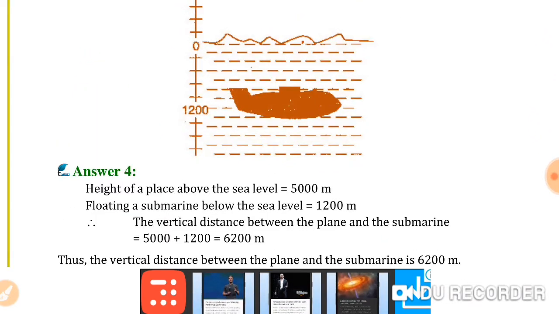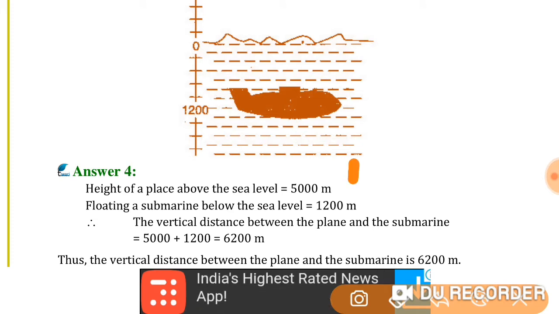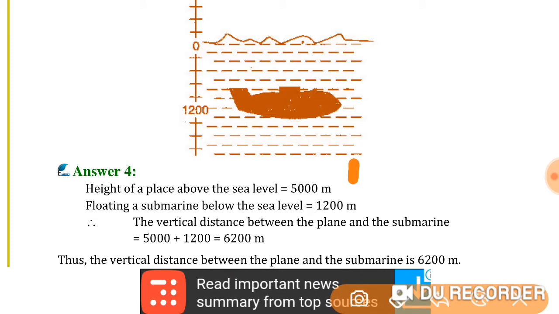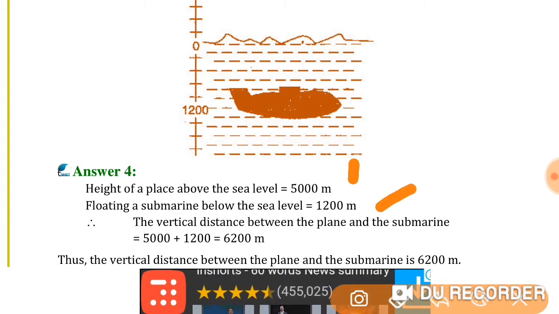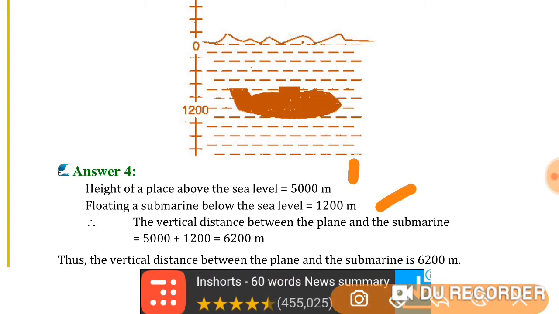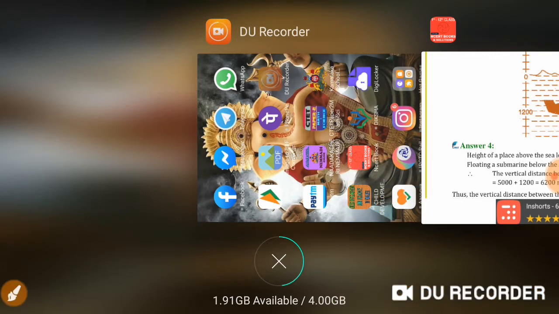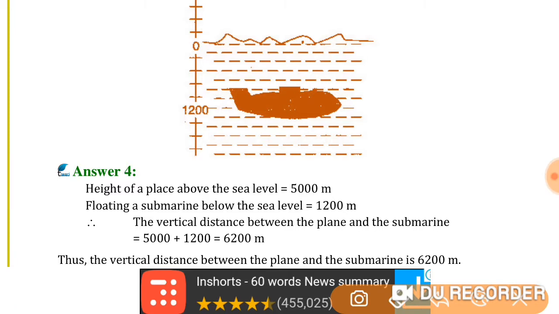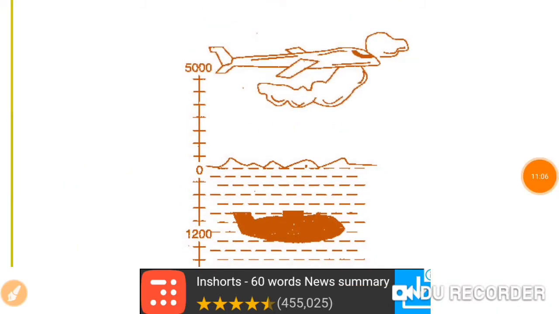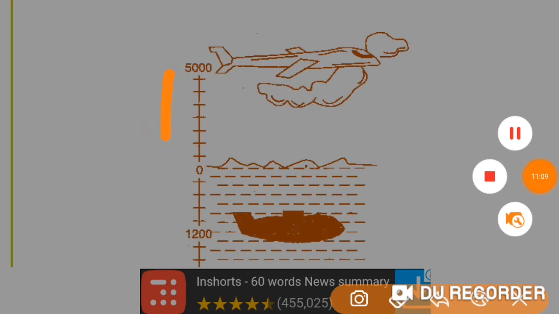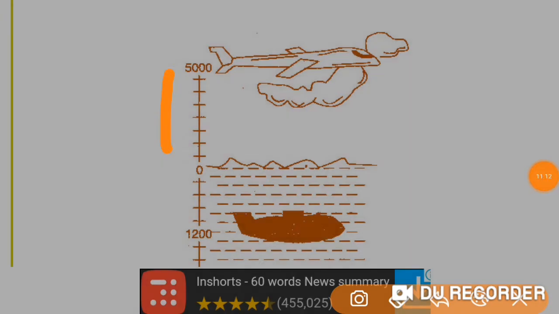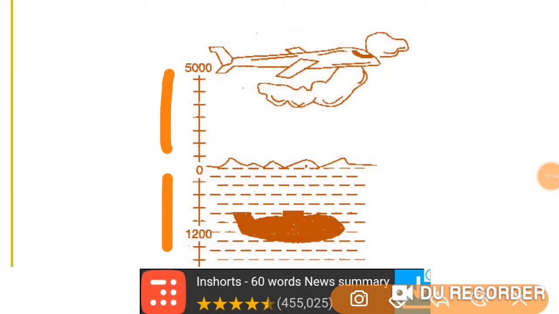So here the height of the plane above the sea level is 5000 meters. The floating submarine below the sea level is 1200 meters. So 5000 plus 1200 we have to take. Even though it is minus 1200, the answer comes the same.